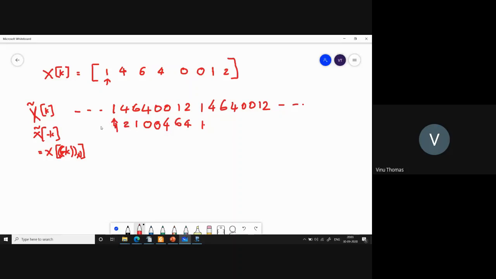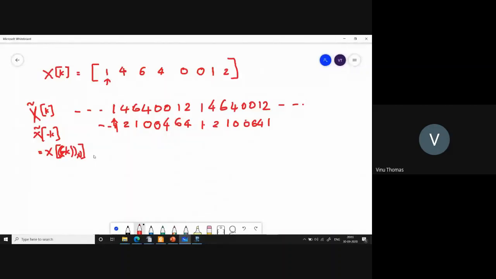So this sequence would be 1, 2, 1, 0, 0, 6, 4, 1, 2, 1, 0, 0, 6, 4, 1. Right, so this is a reflected sequence.